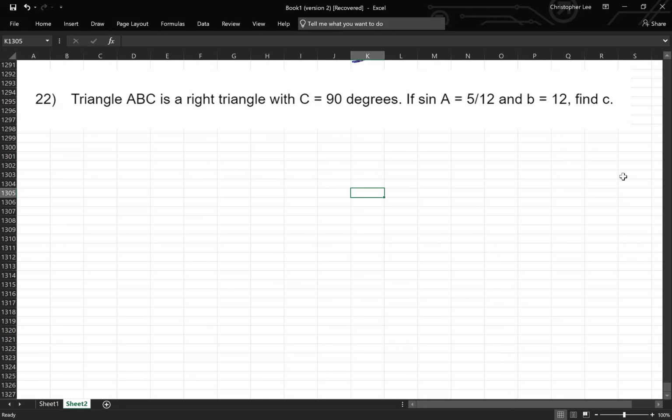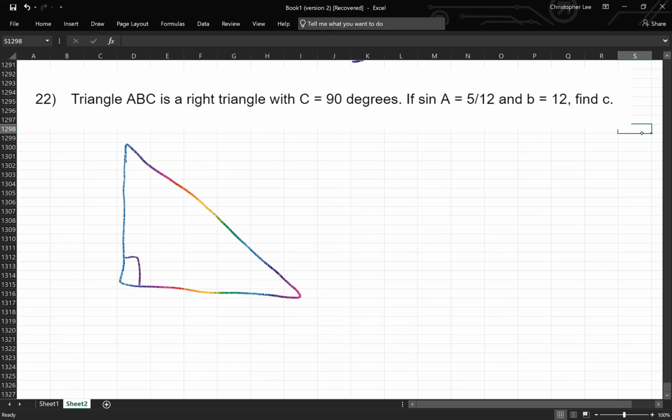So we got triangle ABC, right? It is a right triangle. So let me draw it real quick. It's a right angle right here. I'm gonna call this A up here, B, and C. So triangle ABC is a right triangle with C equal to 90 degrees. If sine of A is 5/12.